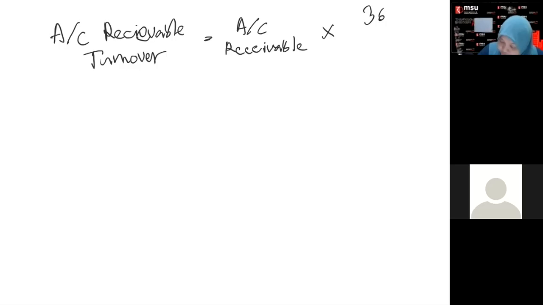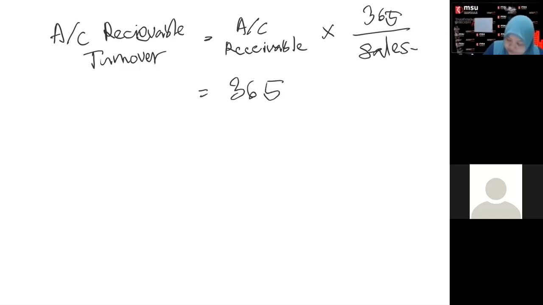Times with 365 divided by 6. Yeah, it's 36.5 days.